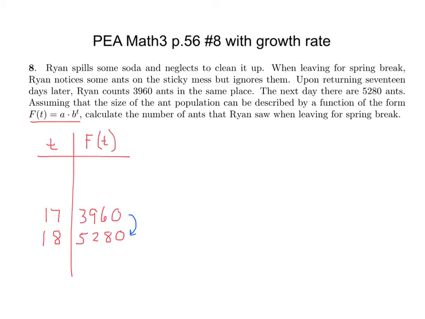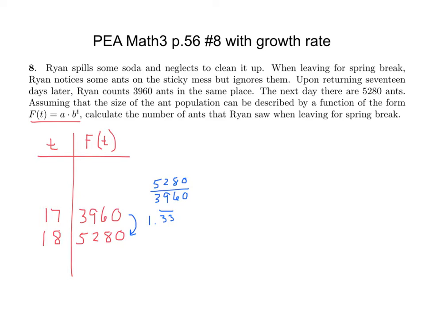To do that, we would divide 5,280 divided by 3,960. So we divide that, and we got 1.33 repeating, or 1 1/3.